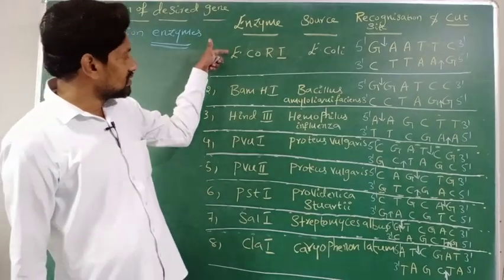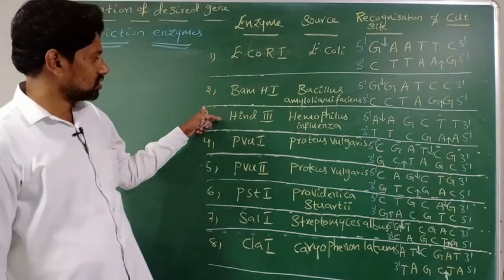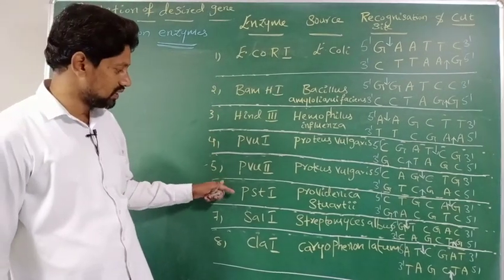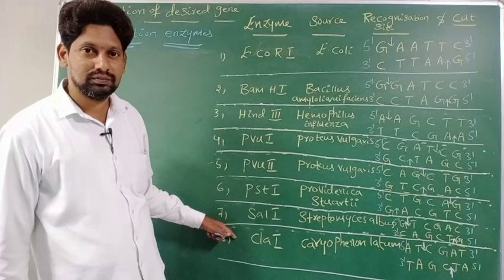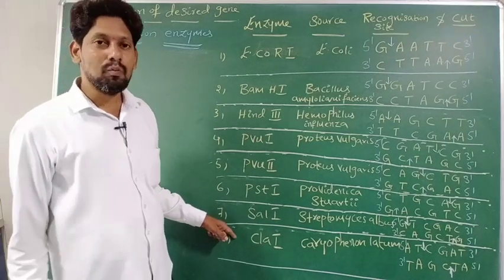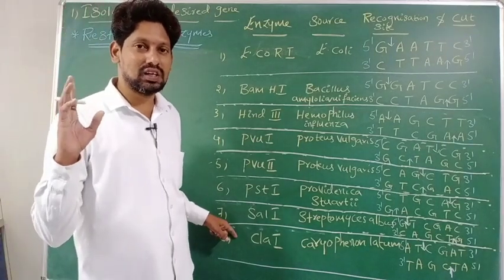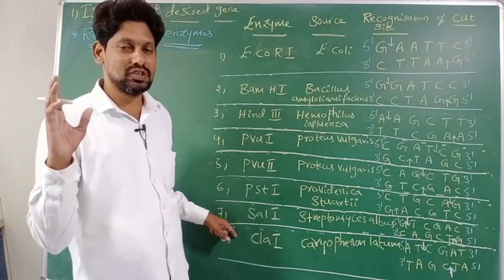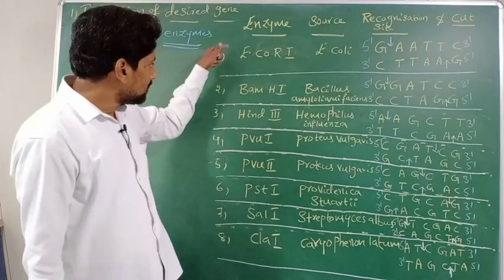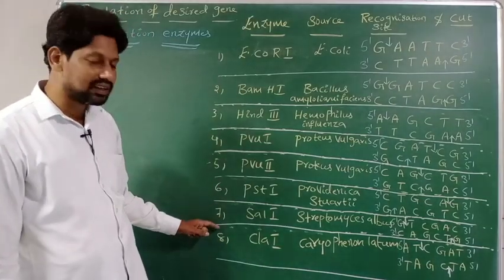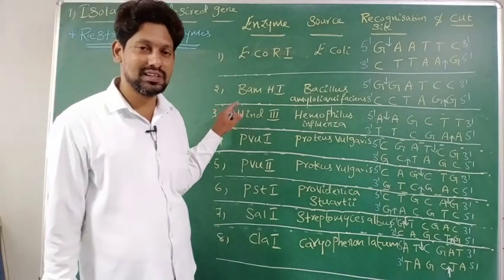See, here some important restriction endonuclease enzyme names are written. More than 900 restriction endonuclease enzymes have been isolated till now. Why are we discussing only these 8 types of restriction endonuclease enzymes here?